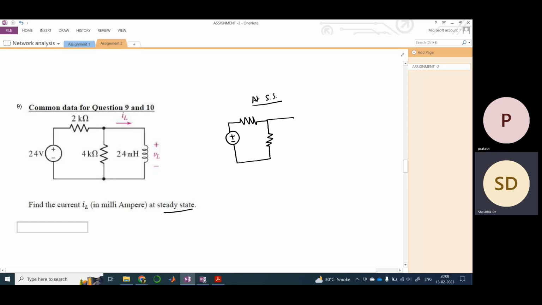And this would be something like a short circuit. So, could you tell me what is the resistance of a short circuit line? It's a very basic thing.